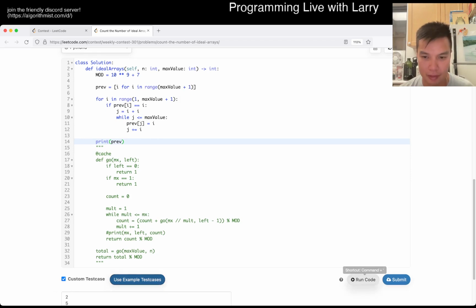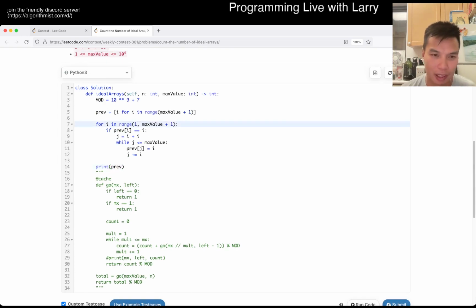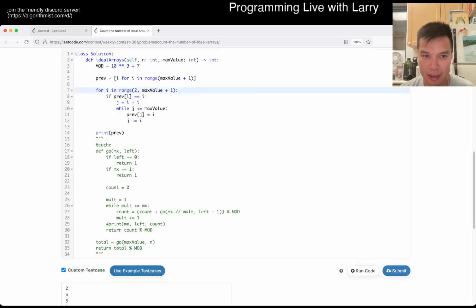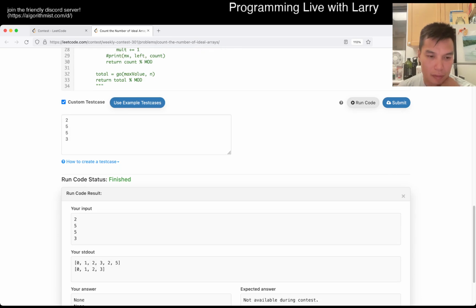Let's see if I can visualize this in a way that makes sense. Okay, let's start with not one there. Can I visualize this in a good way?